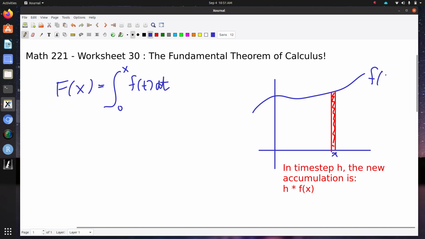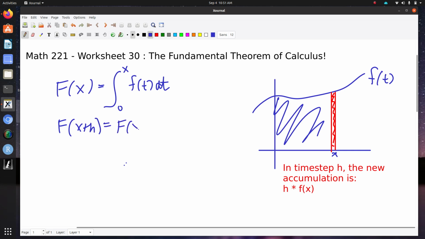This is f of t, and it's at a specific point x, and capital F of x is all the area that's accumulated up to that x. So capital F of x plus h is the same as the previous F of x plus this little piece here that we just got because of this red triangle.